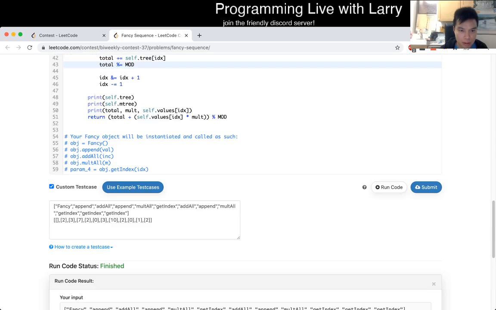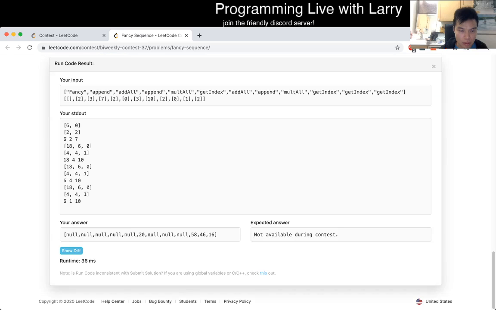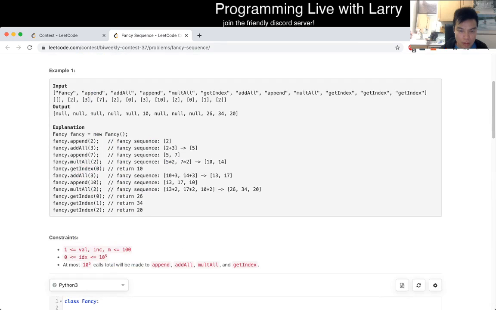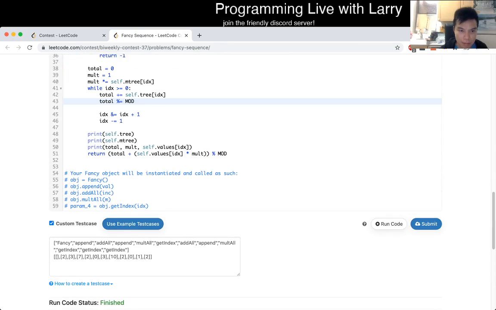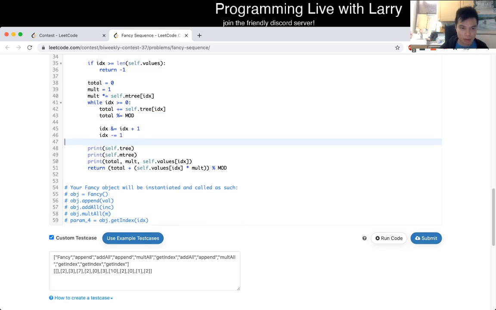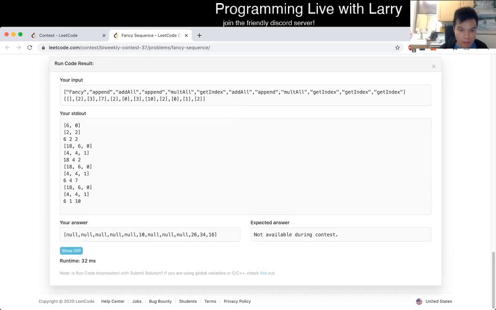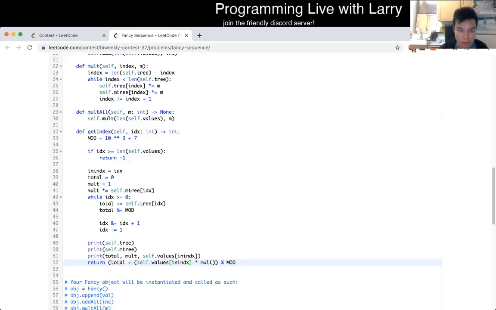Six, 2. Where's that 7 coming from? Oh, oops. Off by a little bit.